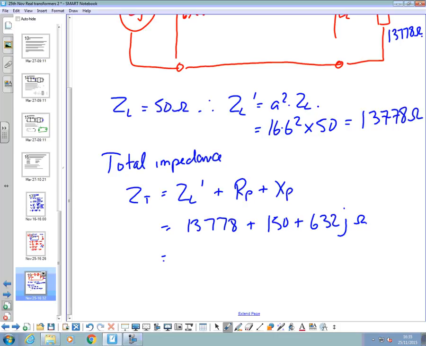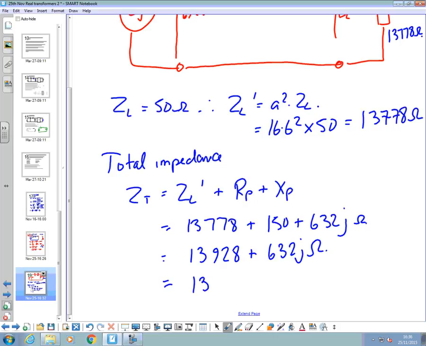These two here combine together, making 13928 plus 632J ohms in total. And I converted that to polar form because that's what I need it in.